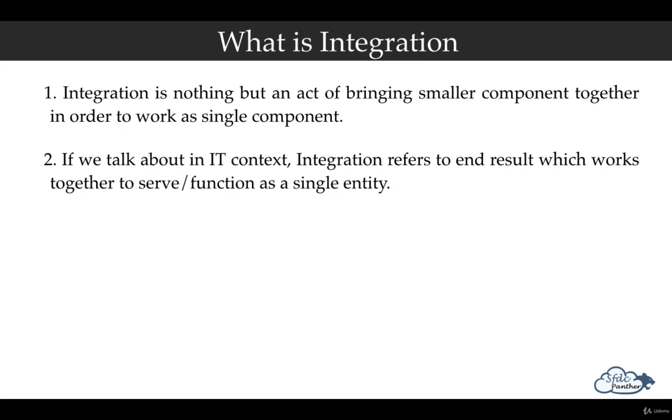Now in this example, we have three different units which come together and produce an end result to work as a single functionality, which is called order processing. So this is how integration works and what integration is.